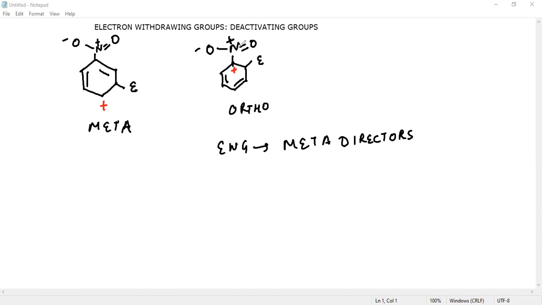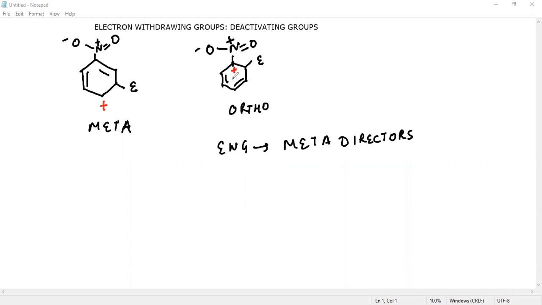Why is that? Because nitrogen is carrying a formal positive charge. Nitrogen is an electronegative element, and to stabilize its positive charge, it will seek electron density from whatever it is attached to.